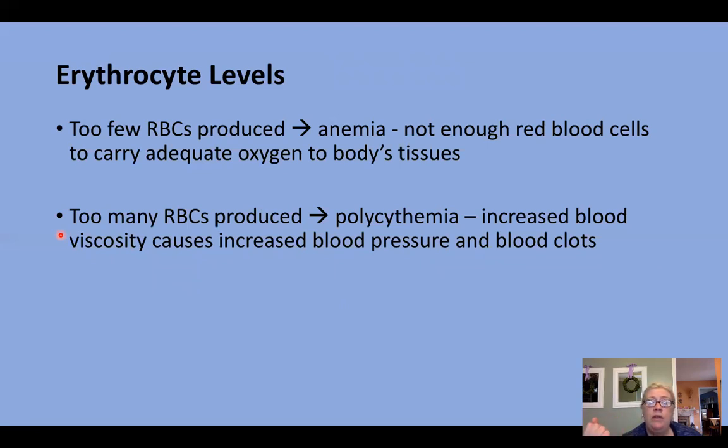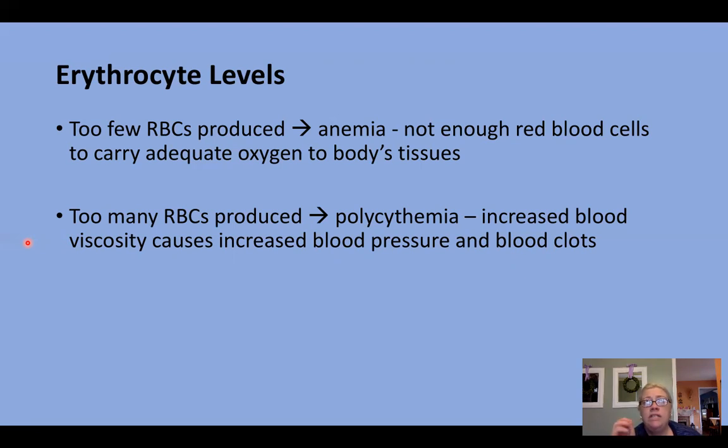If you have too many red blood cells in circulation, you have something called polycythemia. And this is an increase in the number of red blood cells in circulation. And this also can be an issue, because as I talked about when I was talking about blood viscosity, the major player for increase in blood viscosity is those red blood cells.